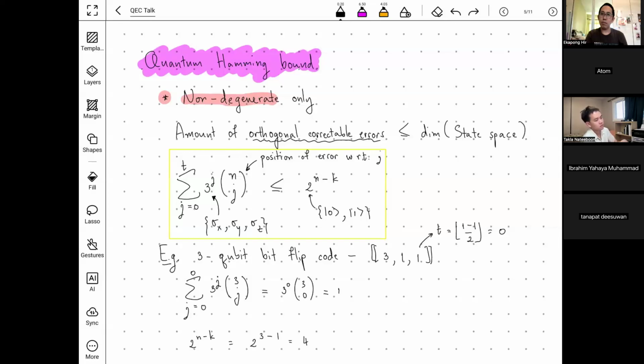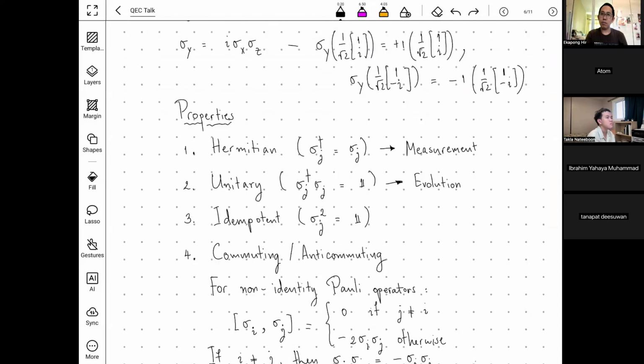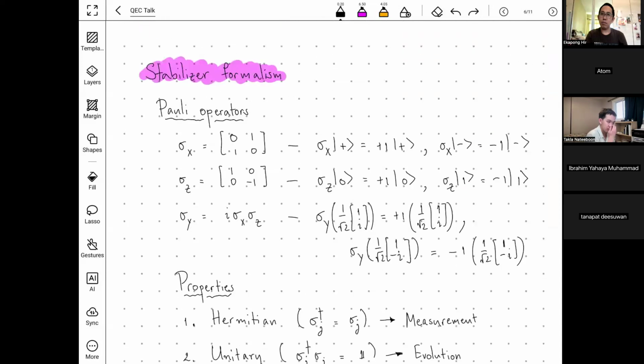Please continue. Okay, so I would move on to the stabilizer formalism of error correction codes. I'll be sure to warn you that the stabilizer formalism is quite a mathematical topic, requiring generators and stabilizers and whatever those are.